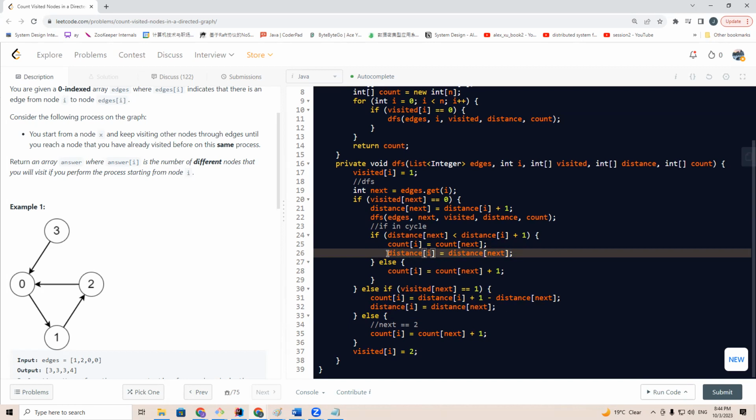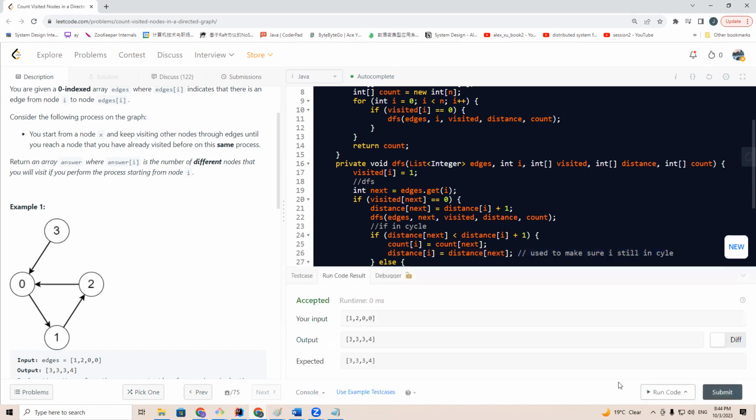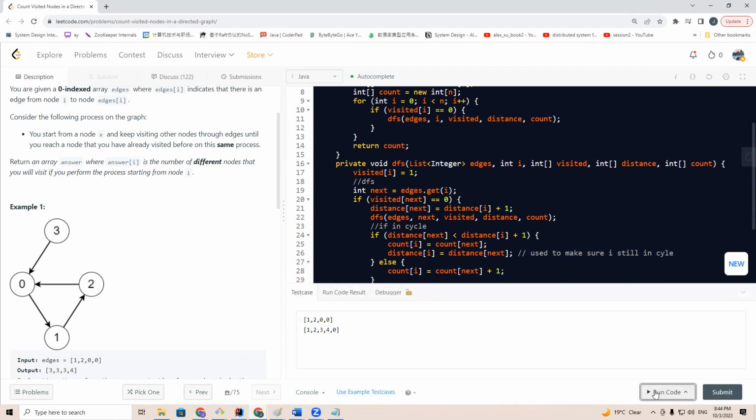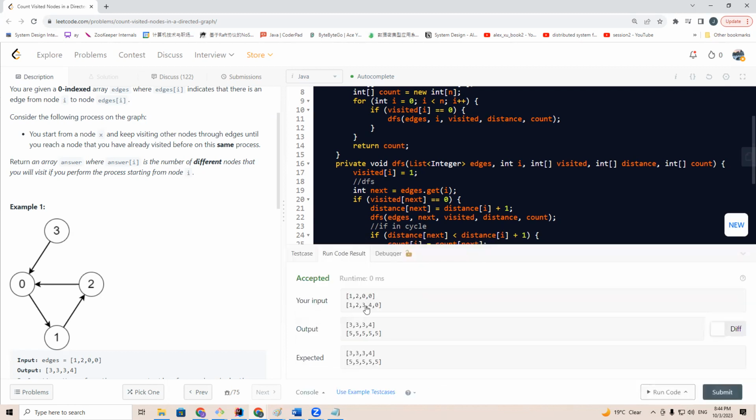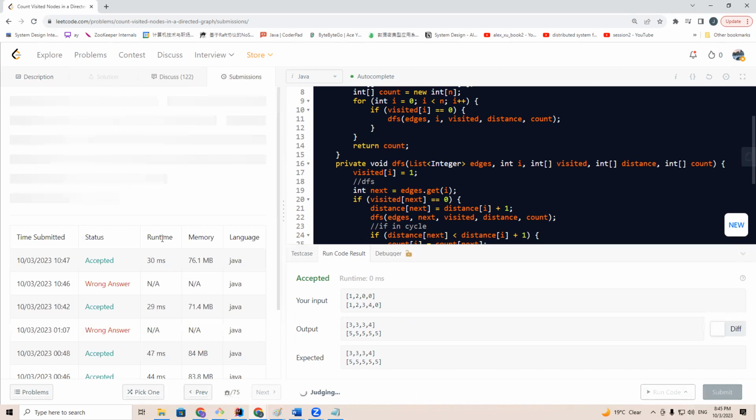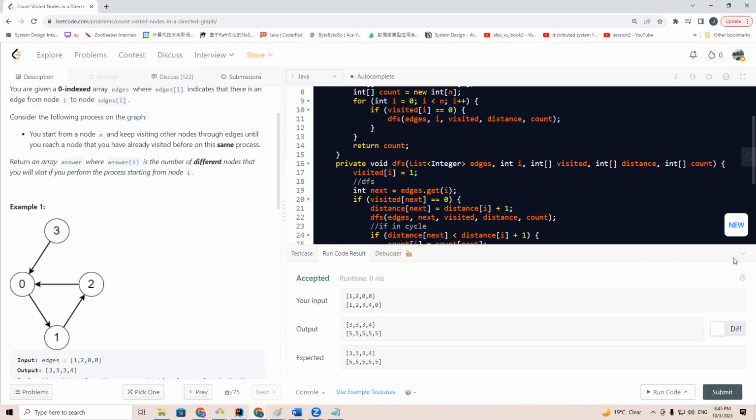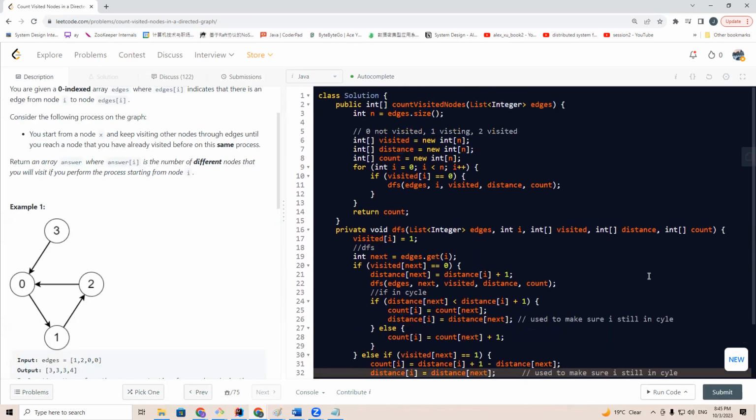So these two statements are used to make sure I is still in the circle. Okay, so this is the DFS way to write this question.